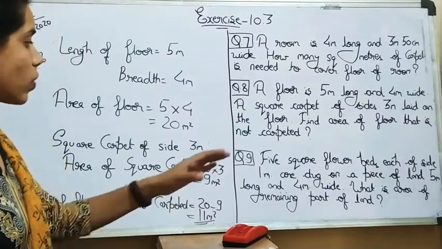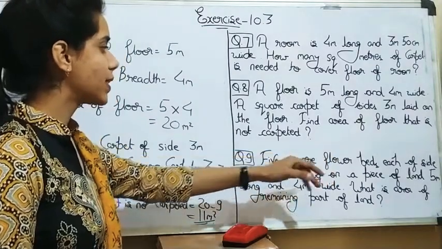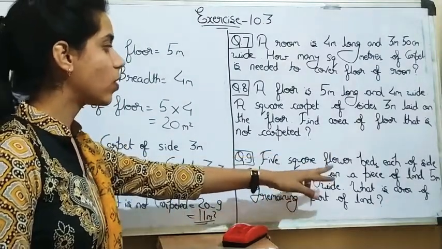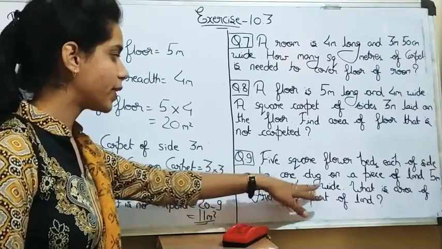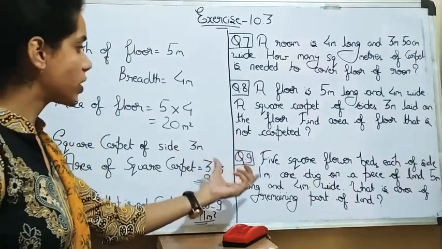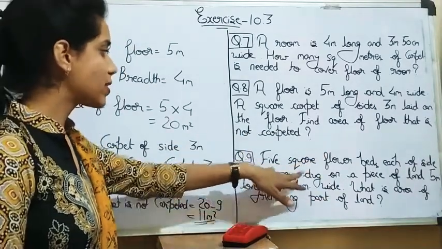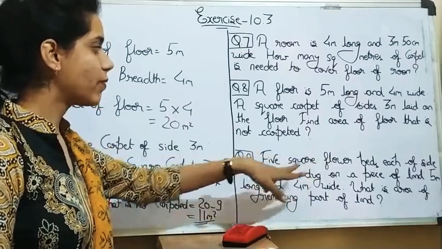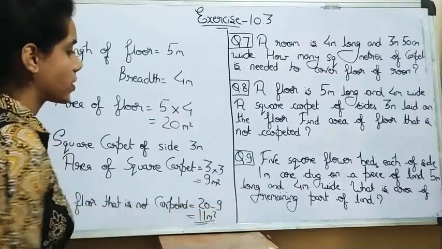Question number 9 is: 5 square flower beds each of side 1 meter are dug on a piece of land that is 5 meter long and 4 meter wide. What is the area of the remaining part? Again in this question, first find the area of the land and the area of these 5 square flower beds.